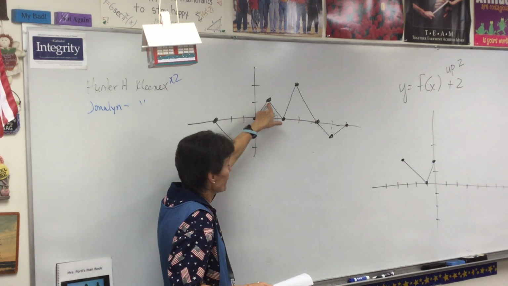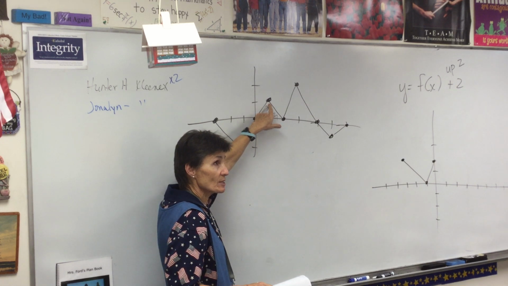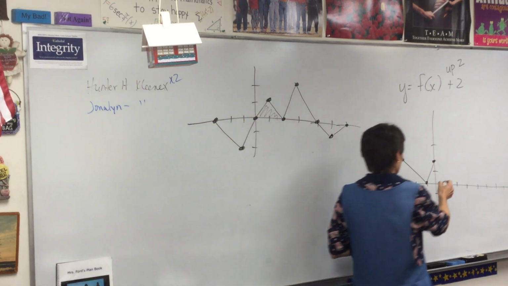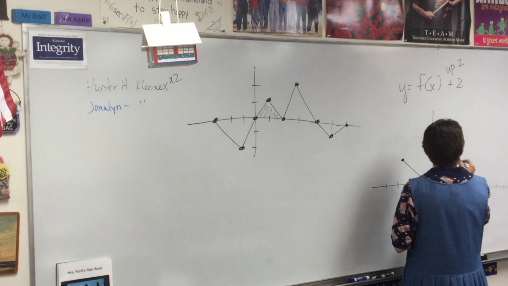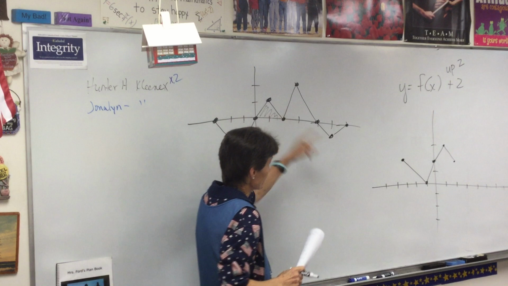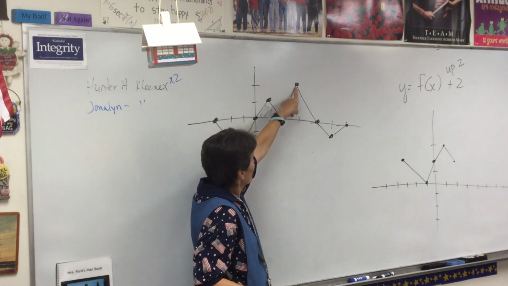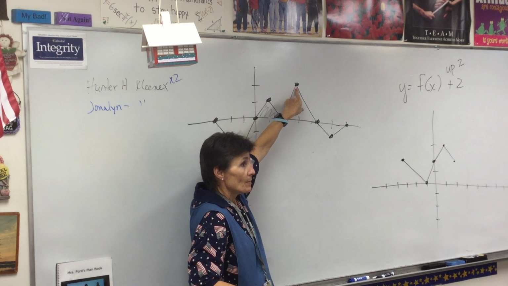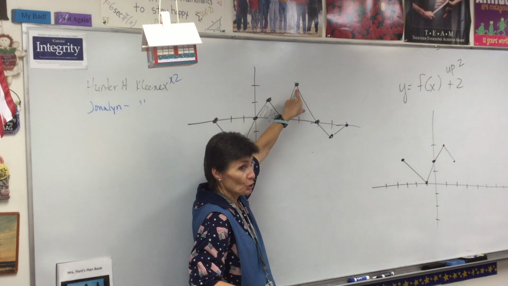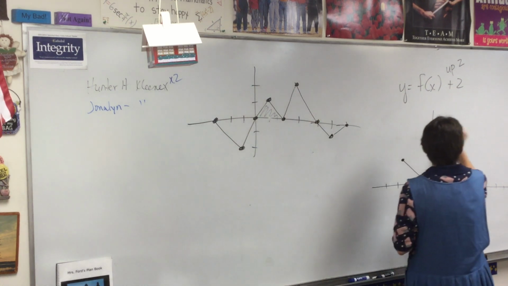Now, this point is up 1. So it's going to be up 3. So there's my little triangle right there. There he is, but he's clear up there. This one is up 2 in the original, which means it's going to go all the way up to 4.